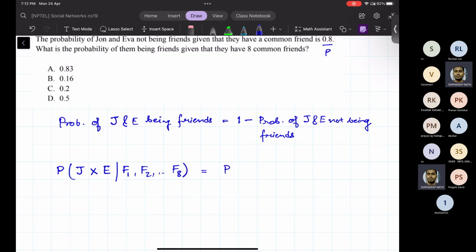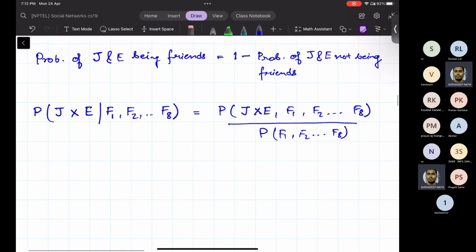How we can write this is the probability of J and E not being friends, and they have friends F1, F2, up to F8, over the probability of J and E making friends with F1, F2, up to F8.